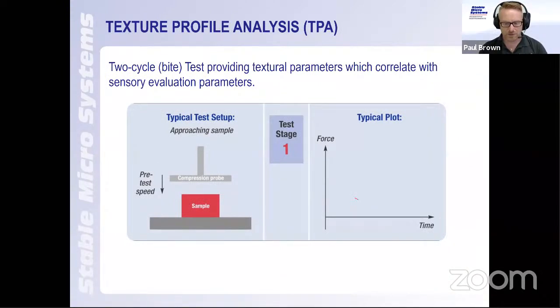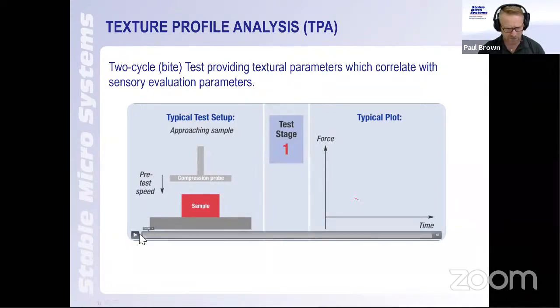Something I'm sure you will be aware of is a TPA test, or texture profile analysis. This was originally designed back in the 1960s by a very renowned texture analysis expert, Mr. Bourne, and it was designed to look at the twin bite or two cycle of a texture of a product, so a compression.